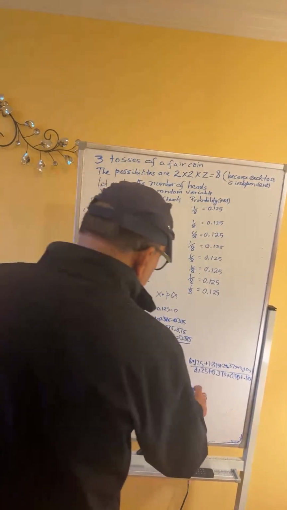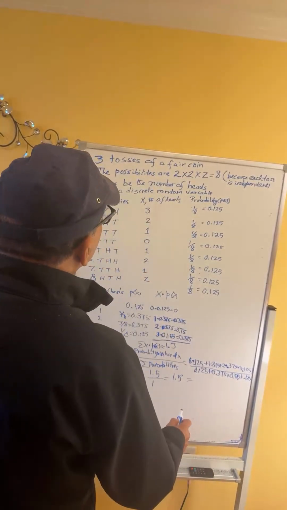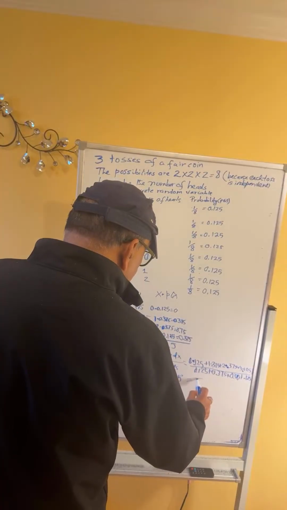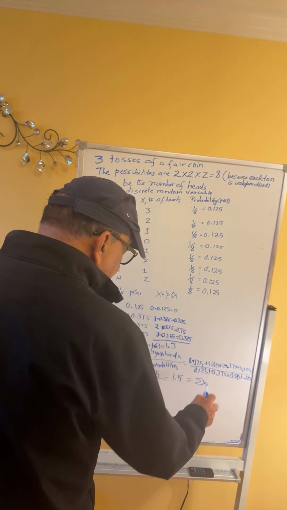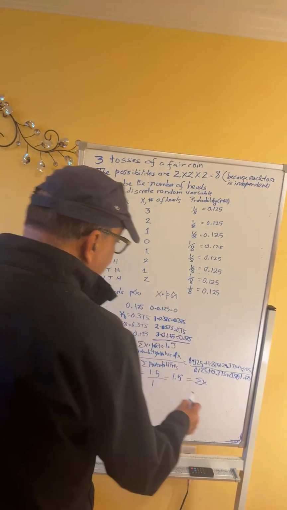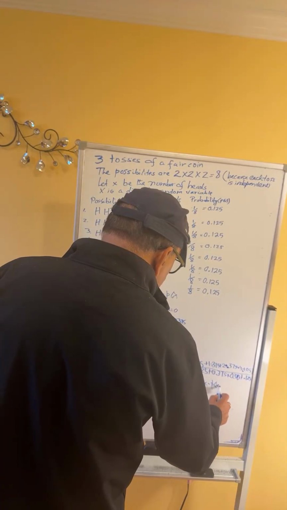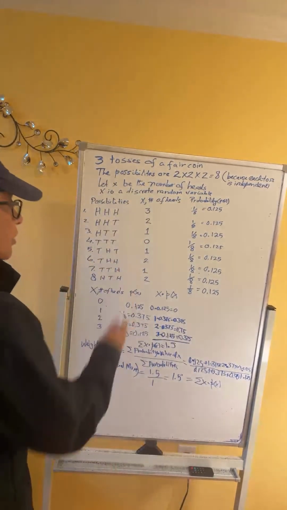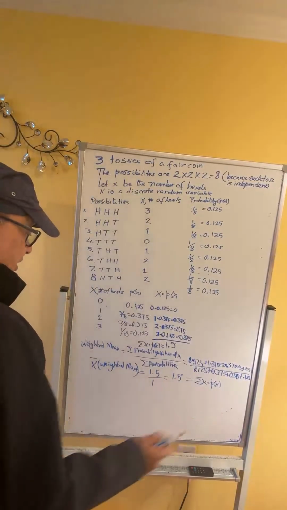Hence the weighted mean in this case, a discrete probability distribution, is sigma x, meaning each value of the random variable, here the number of heads, multiplied by its corresponding probability. Now I also want to tell you, this is a binomial probability distribution because you have head and tail.